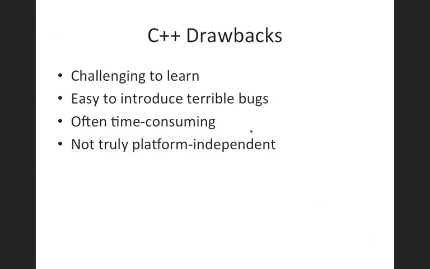C++ is not truly platform independent. You often can, with a minimal amount of work, get a C++ program to work on different platforms, like, for example, a Mac and a Windows computer and so on. But equally often it requires a substantial amount of work to get the same program to run on a completely different kind of computer.